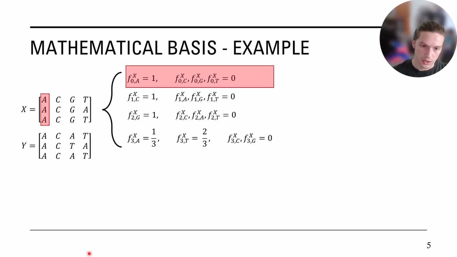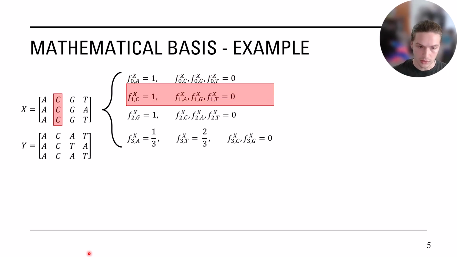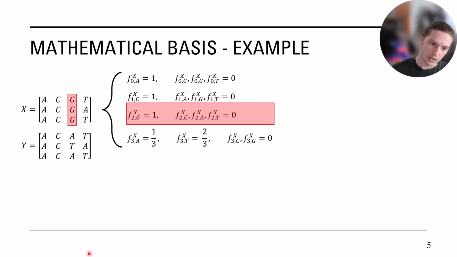And then looking in position 1, it's the same thing, where the frequency of C is 1, frequency of A, G, and T are equal to 0. And then in the next position, we have frequency of G equal to 1, and C, A, and T are all equal to 0.